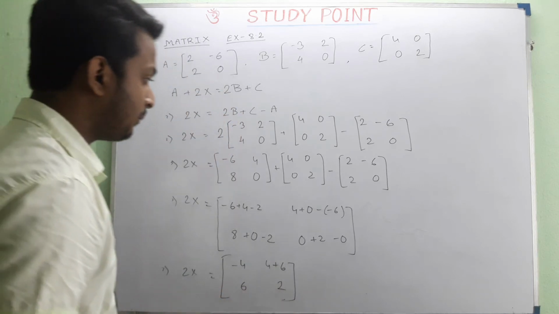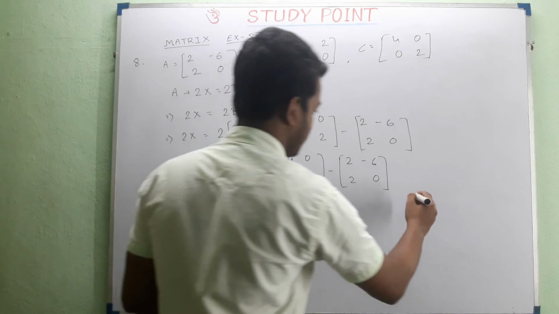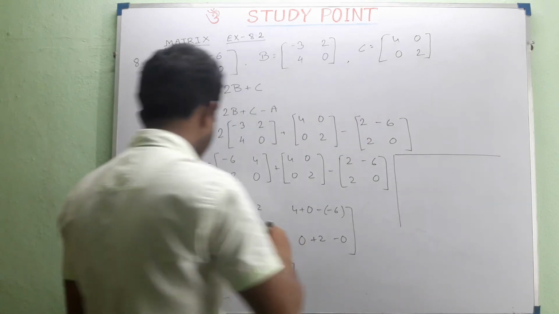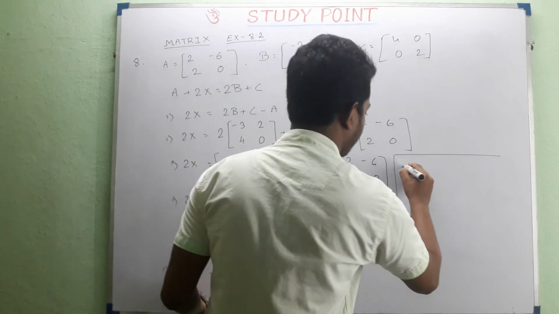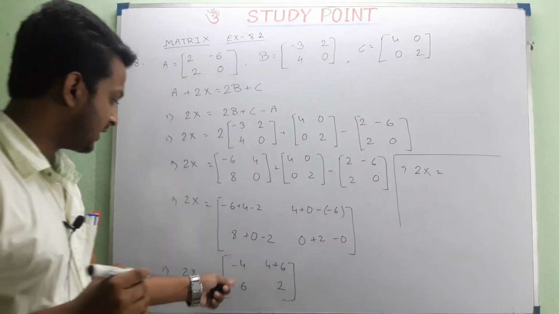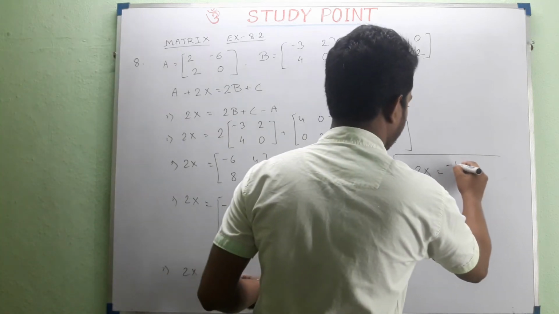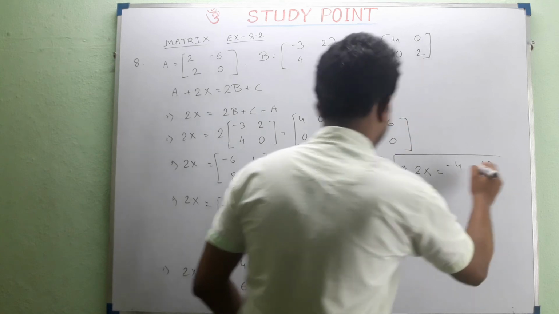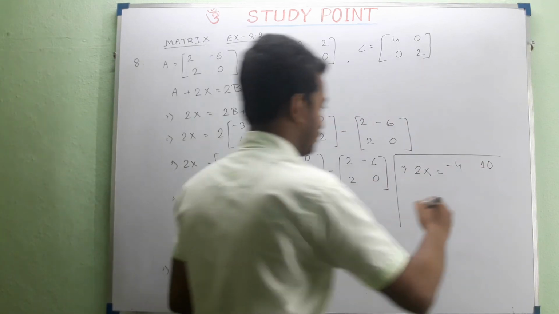Okay, let me solve the remaining part over here. See here, 2x is equal to this matrix: minus 4, 4 plus 6 is 10, it is 6 and it is 2.